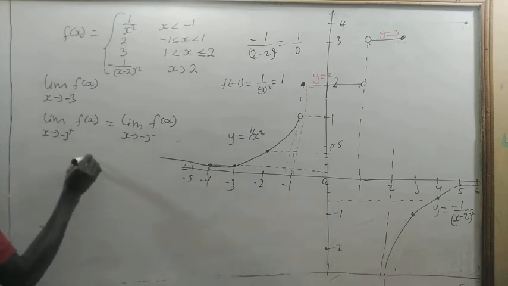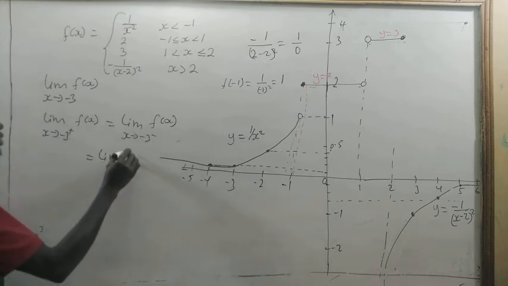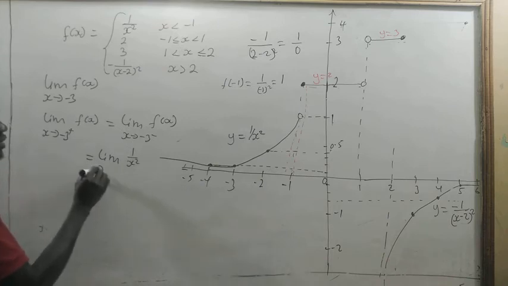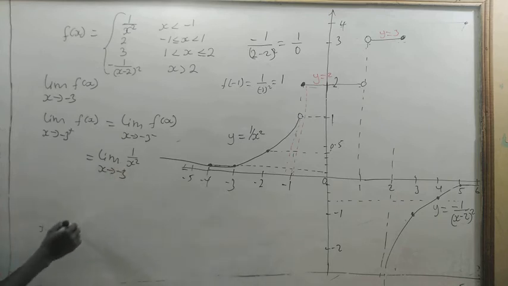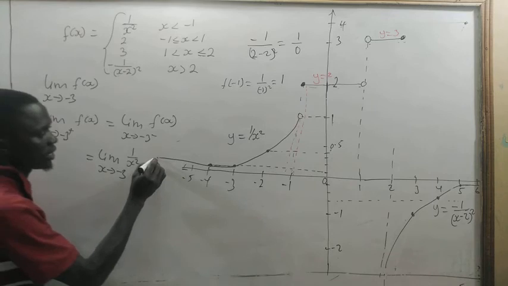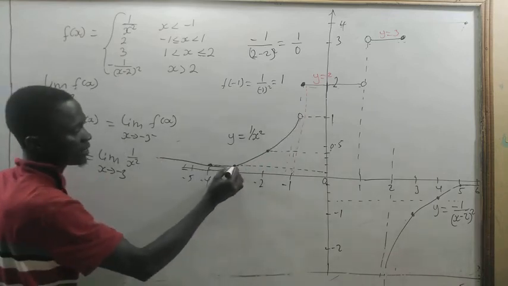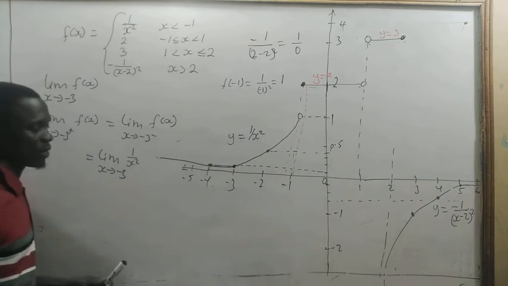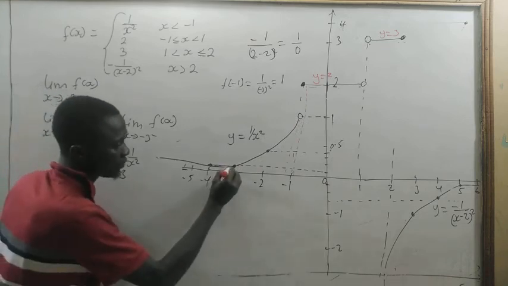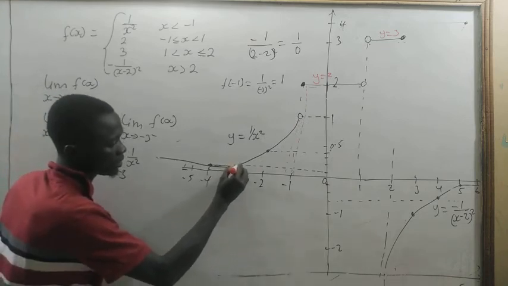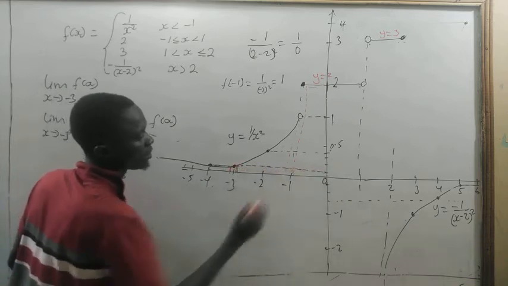And that is equal to the limit of 1 on x squared as x approaches negative 3. So it is the same function. And here, as x approaches negative 3, what do you notice? You see that the value will approach this dot. And that dot is what?